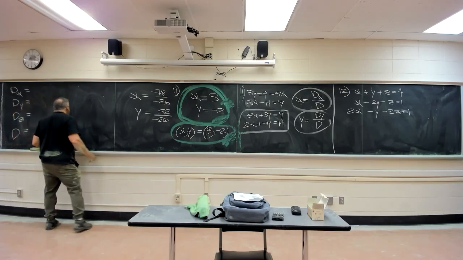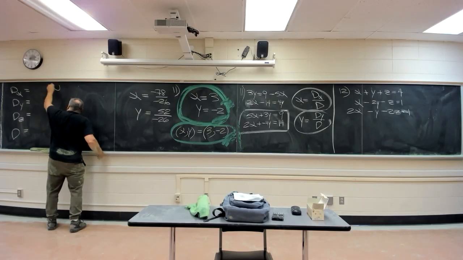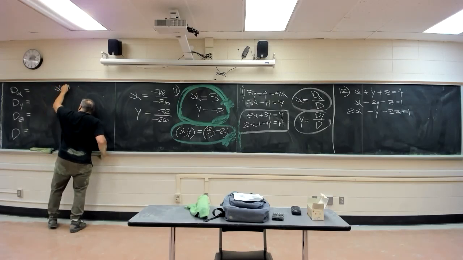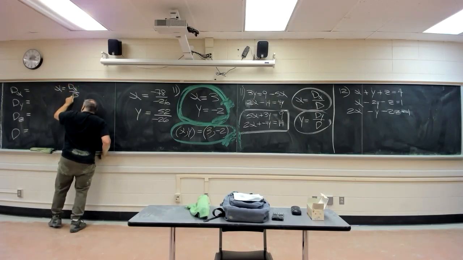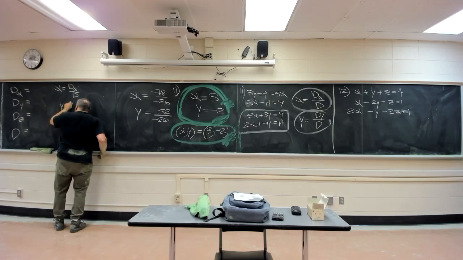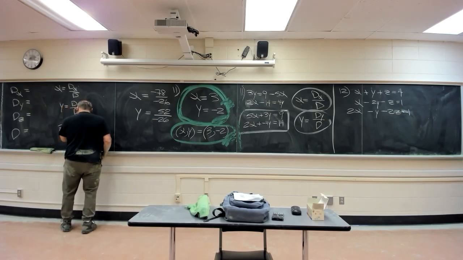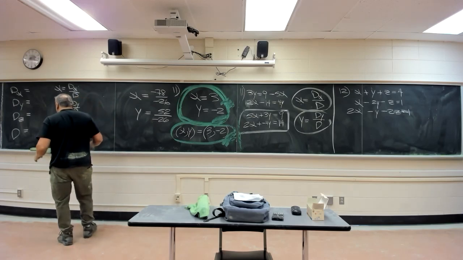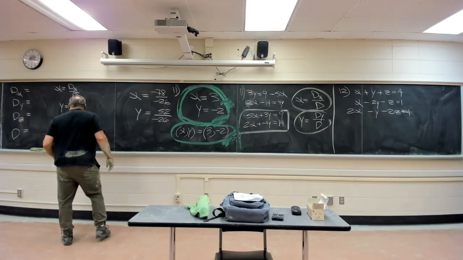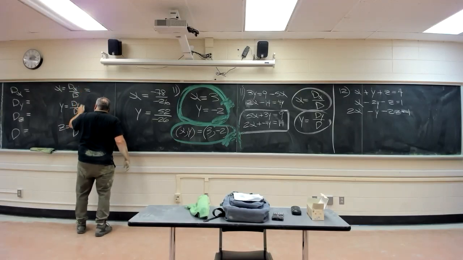And the way it's going to play is x is d sub x over d, y is d sub y over d, and z is d sub z over d. All of that plays like that. In the end, it'll give us the answer that we want.